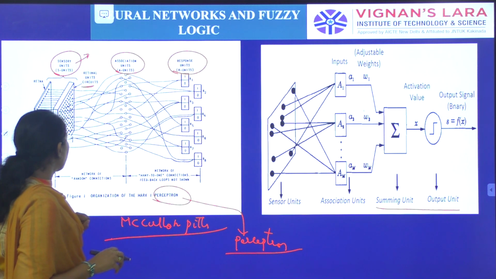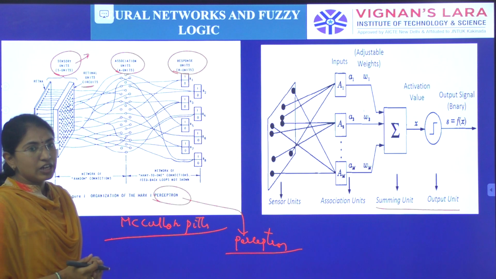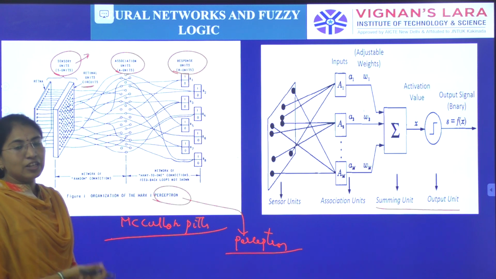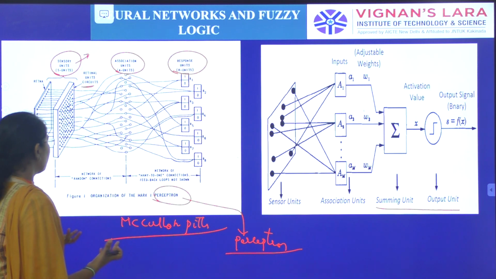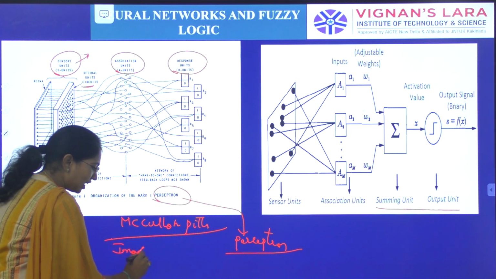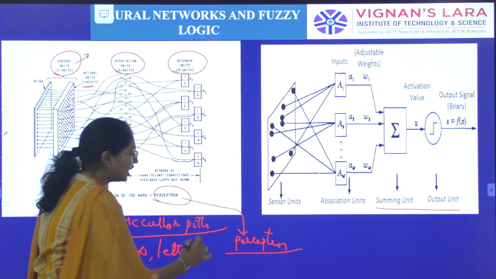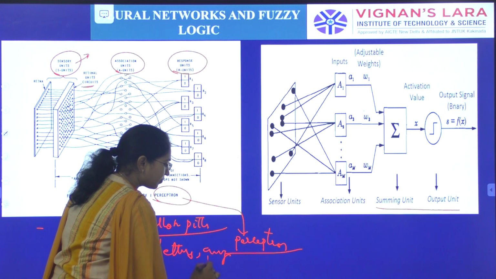Coming to the first block, that is the sensory units. Here in the sensory units we are going to have n number of values, and these can be images, letters, or any other input format.